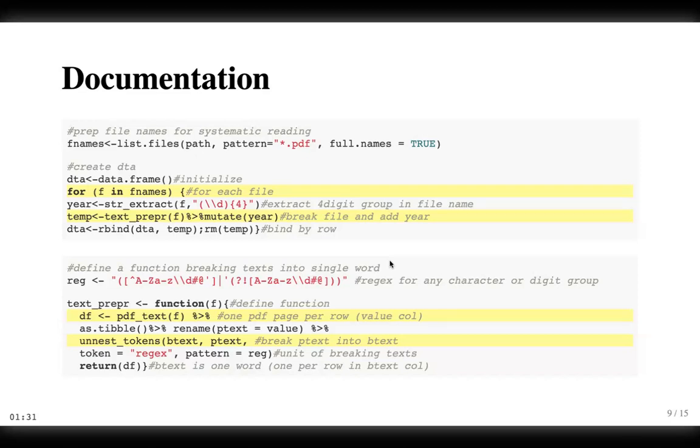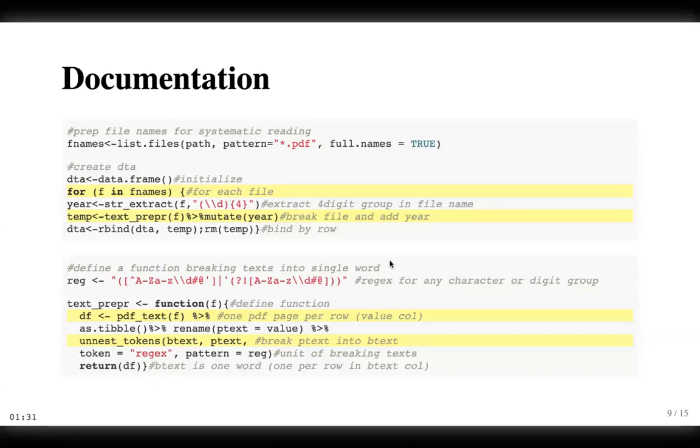The whole function we defined will then return a data frame with one word per row. The whole process is somewhat complicated, as you may find, and this is where documentation is so helpful. You can see how comments are added for almost each line of code so that we can understand what's going on.